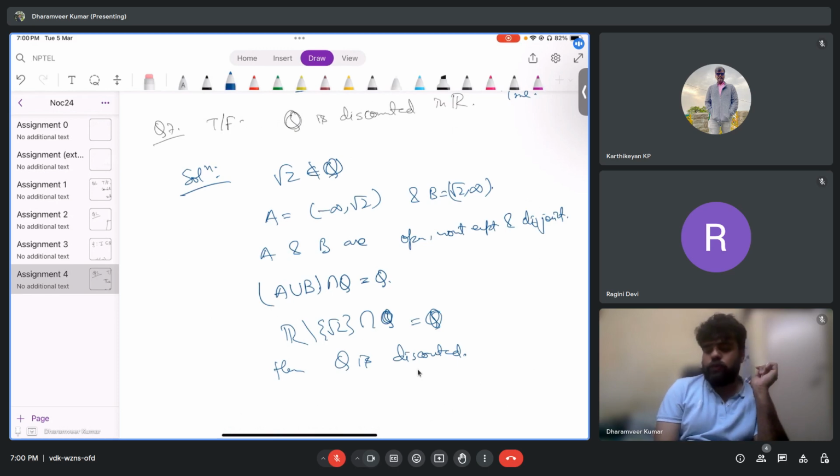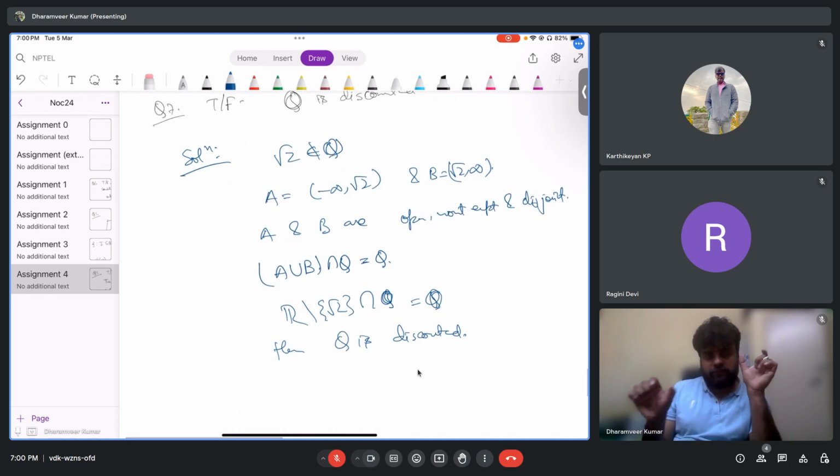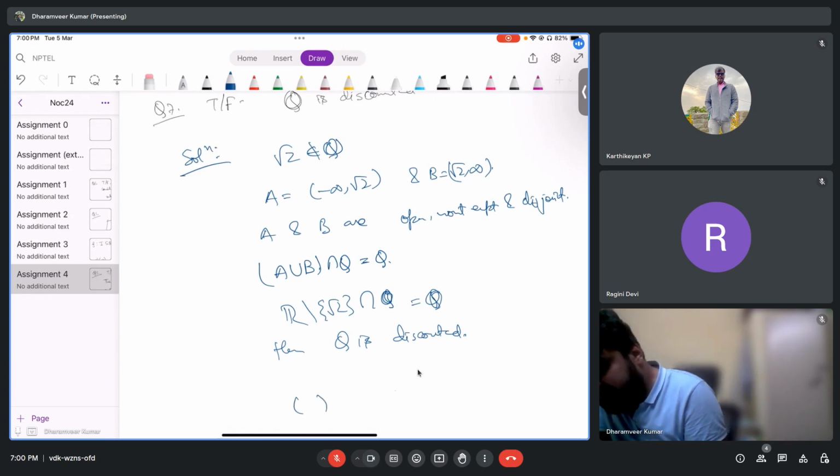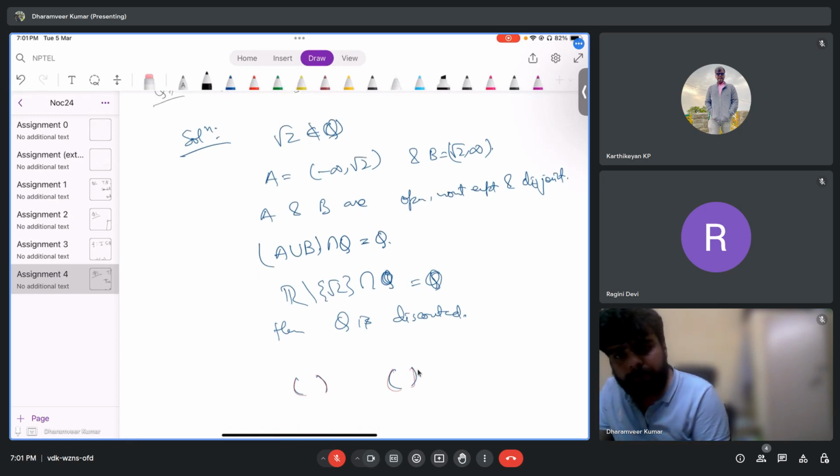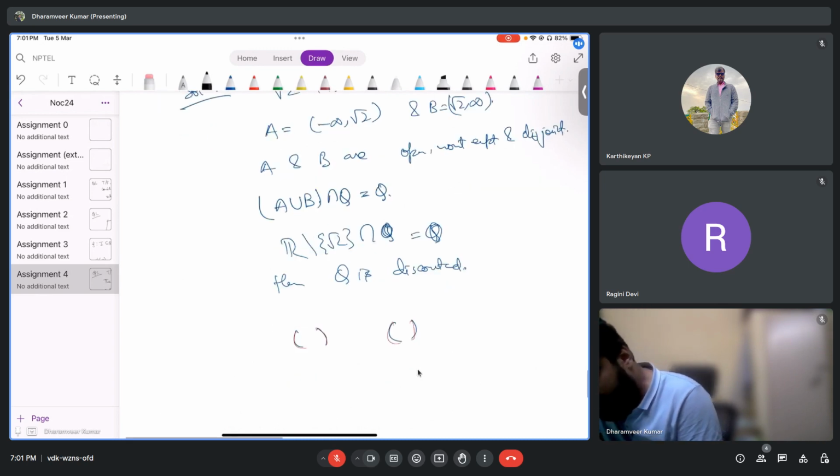Basically, if you have to show that a set is disconnected, you have to take two disjoint sets such that this is true. For example, if you have two intervals like this, this is disconnected. How? You can take a point over here, and then a point from here.